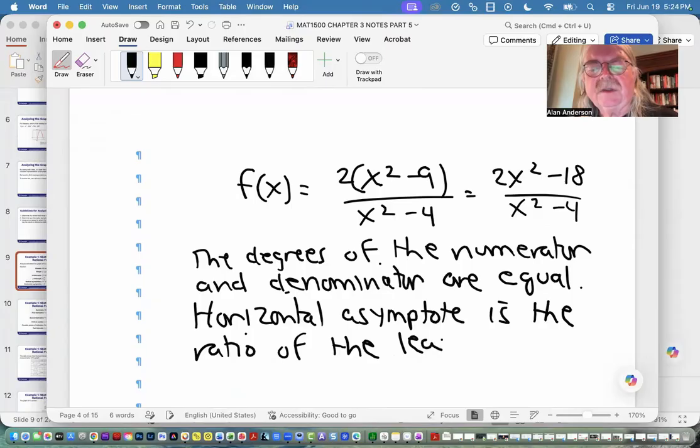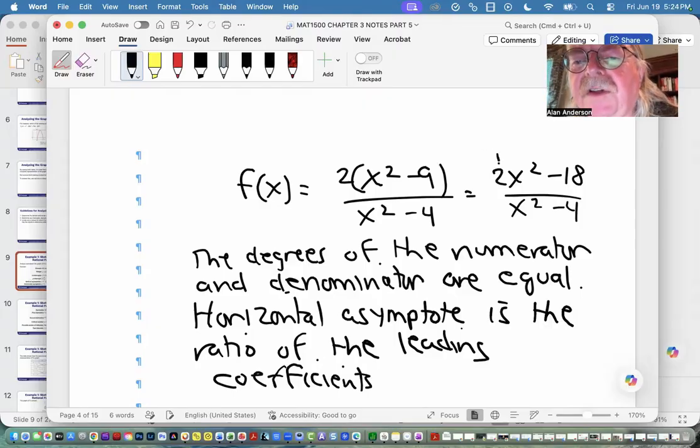So let's remind ourselves what that means. That's the coefficient of the term with the highest exponent. So here there's an implied 1. So that would mean 2 over 1, which is 2.